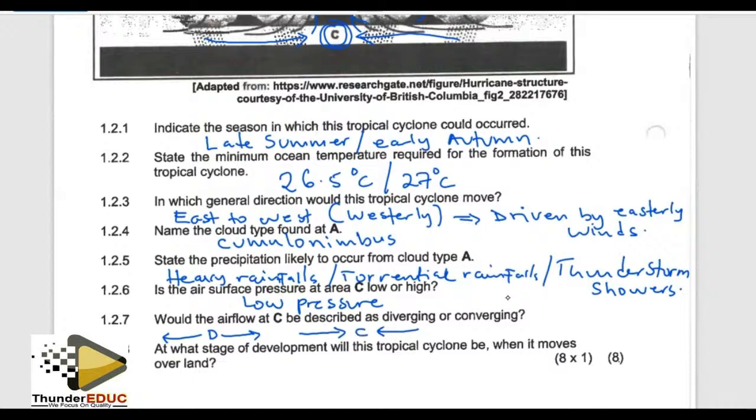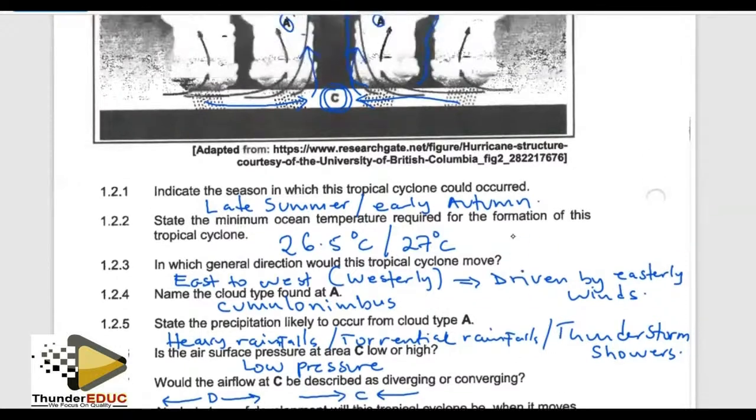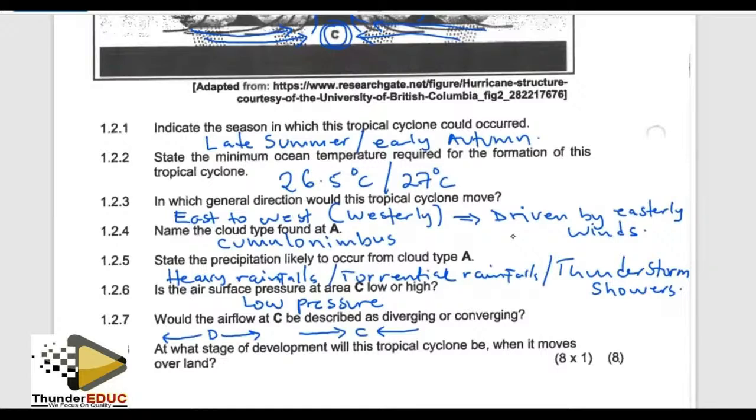If we check point C, you can see our air with black arrows indicating air moving towards this same point C, which means our answer would be converging for question 1.2.7. All right.